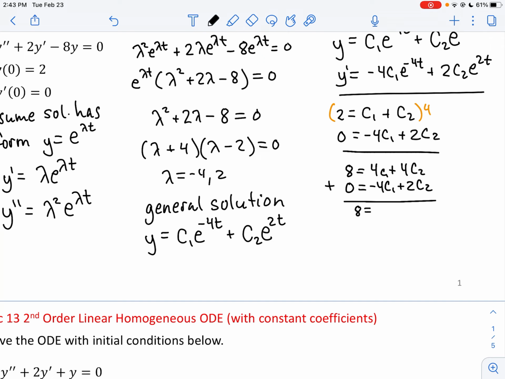So I get 8 is equal to 6c2, so 4/3 is equal to c2. And then once you know that c2 is 4/3, you want to plug in 4/3 into any of the equations above, really. I can plug c2 equals 4/3 right here, and then subtract 4/3 from 6/3 and get c1 as 2/3.